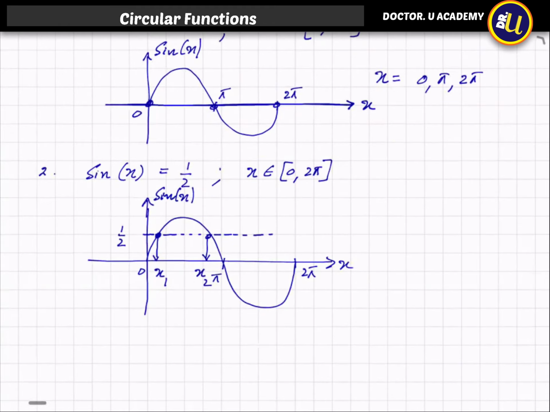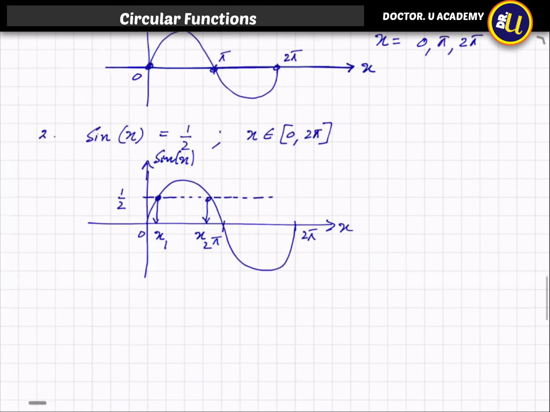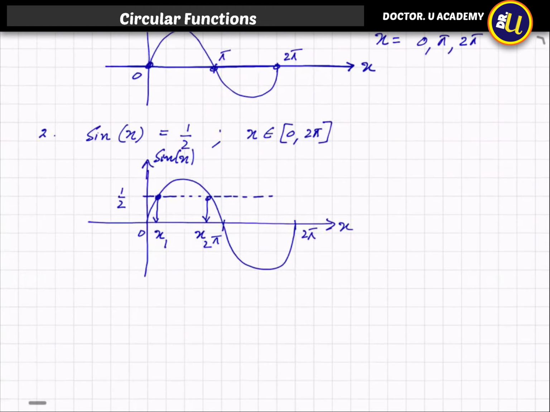Now I will tell you a trick here. Now the middle point would be pi divided by 2, right? So the first thing you have to do is find the solution which is less than pi divided by 2.